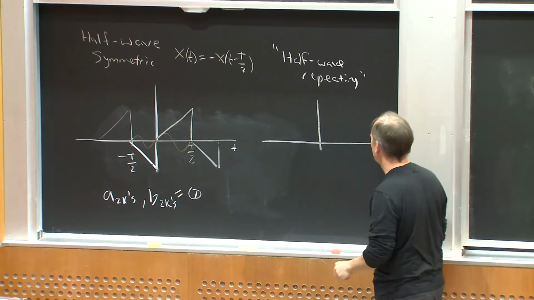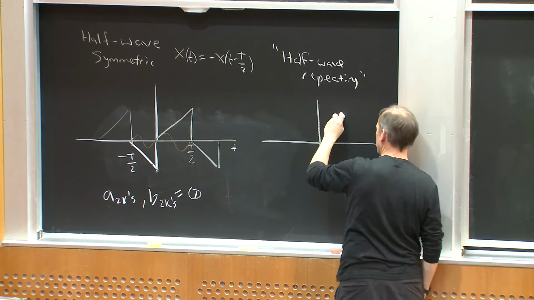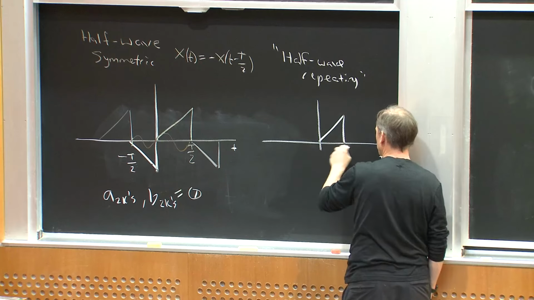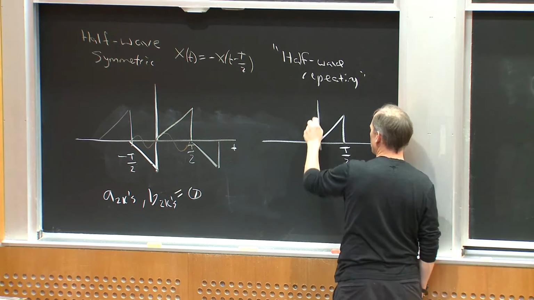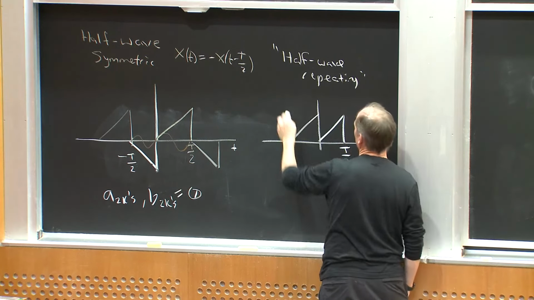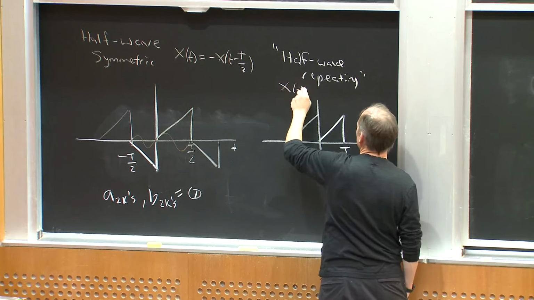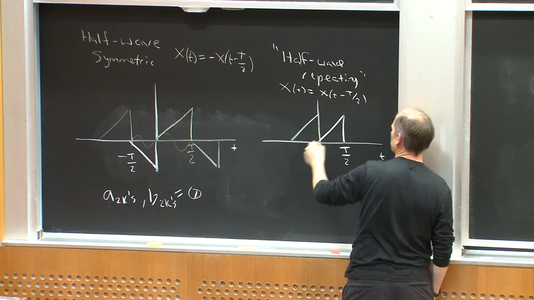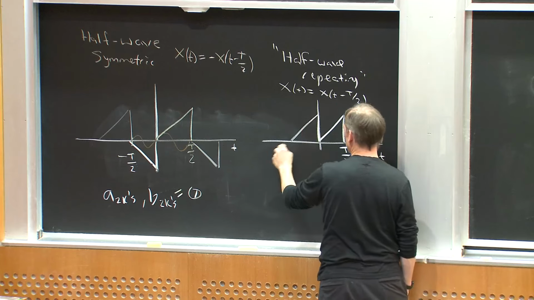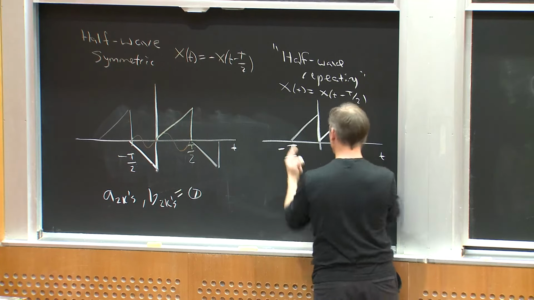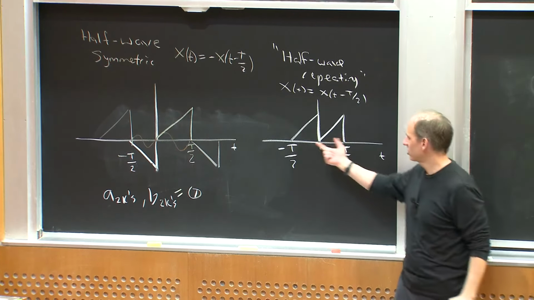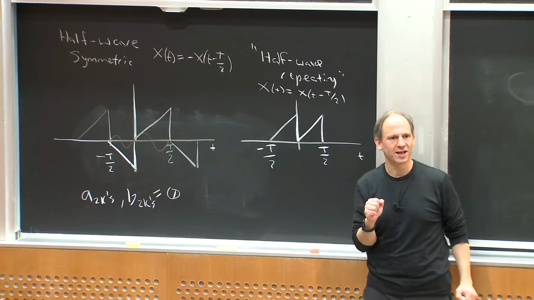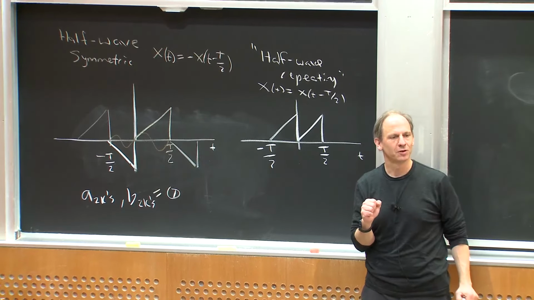If I had something that was doing this in one half of the waveform for t over 2 to 0, it would just repeat half a cycle back. That is, x of t is equal to x of t minus capital T over 2. Okay? So if I have defined a period capital T, that just means the waveform repeats twice in that capital period T. Okay?